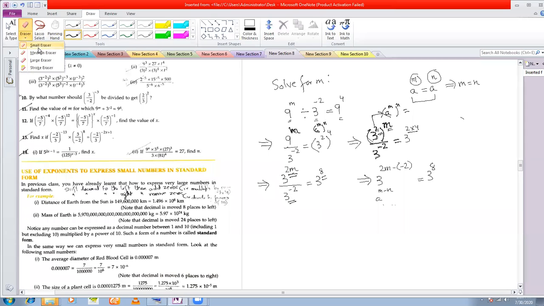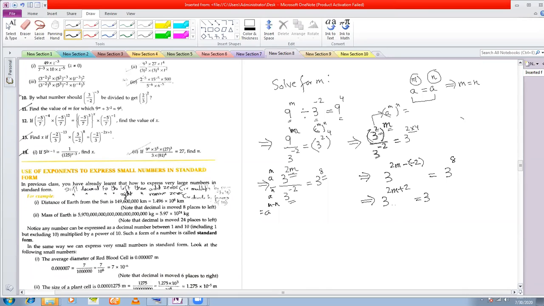And in the next step, I apply a to the power of m by a to the power of n, which is a to the power of m minus n. So this is 3 to the power of 2m minus of minus 2, equal to 3 to the power of 8. That means 3 to the power of 2m plus 2 is equal to 3 to the power of 8.